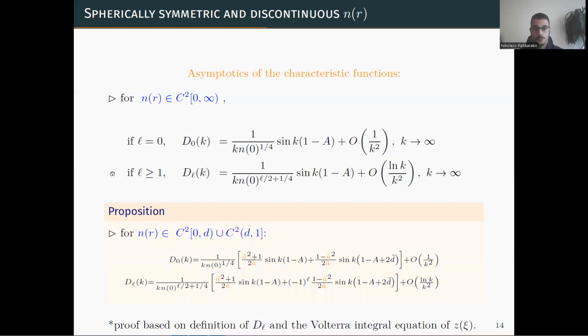And in this work we proved that in the discontinuous case, a similar type of asymptotics holds.